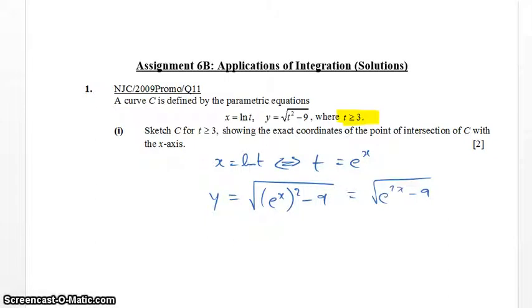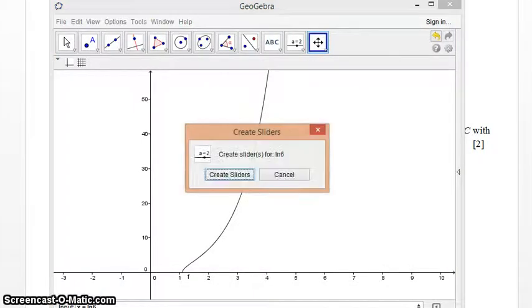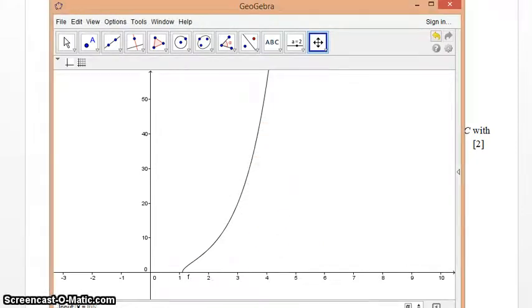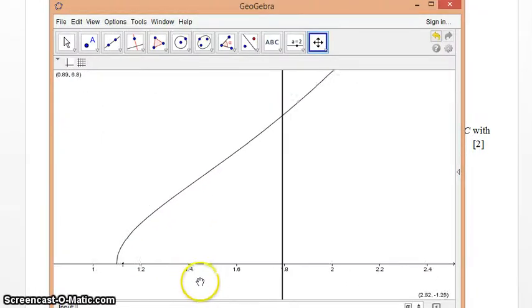The finite region S is bounded by the curve and the line x equals ln 6. So again, if we come back here and we look at the line x equals ln 6, you can see that the region that we're looking at is this region in here.